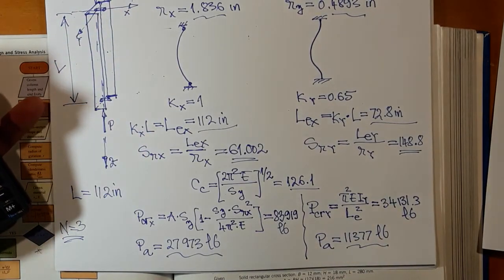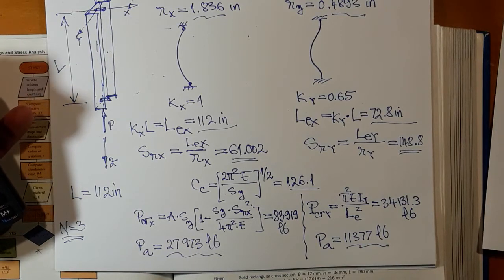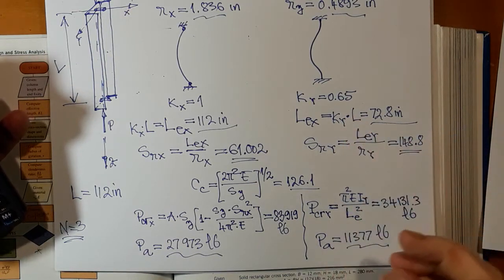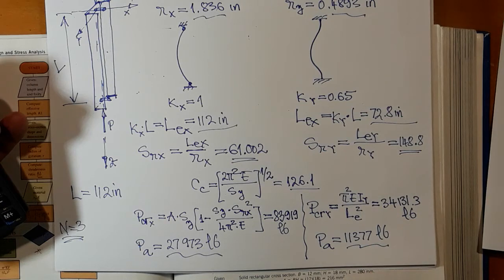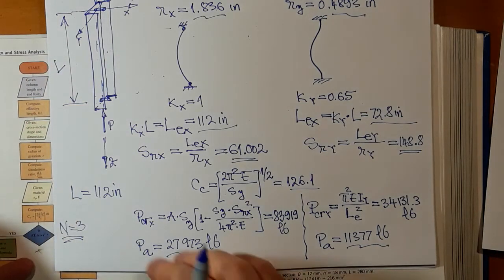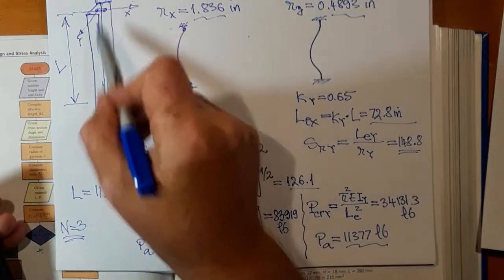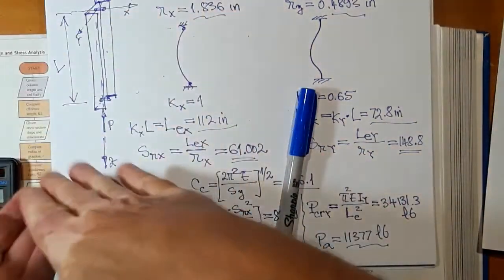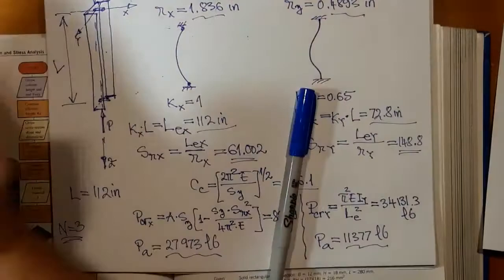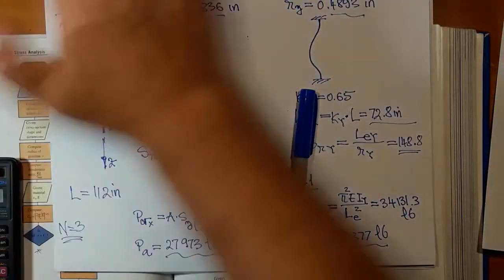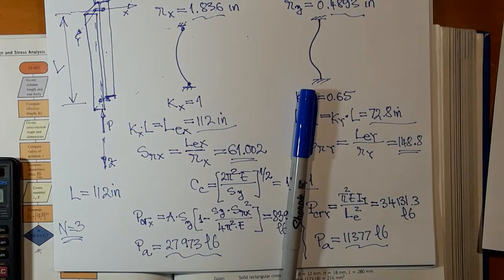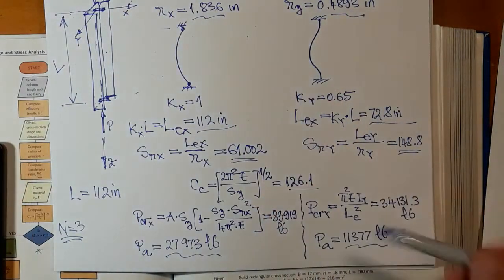which is less. So the way the column would buckle is because of elastic instability, and it's going to buckle in the XZ plane, that is this way, and not the plane perpendicular to the paper.